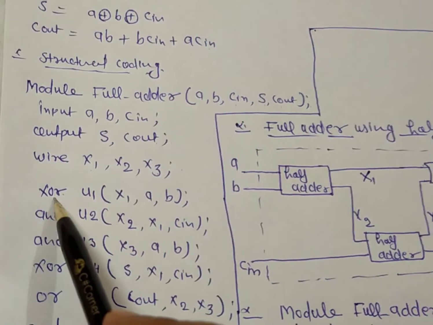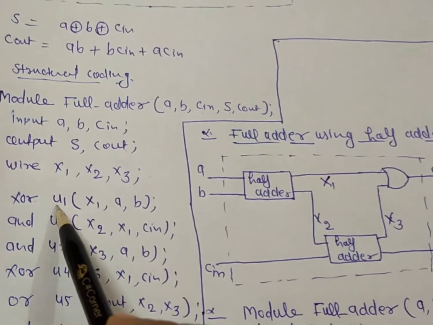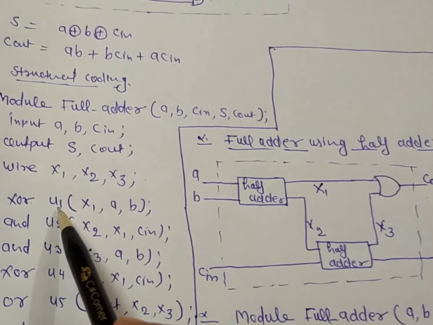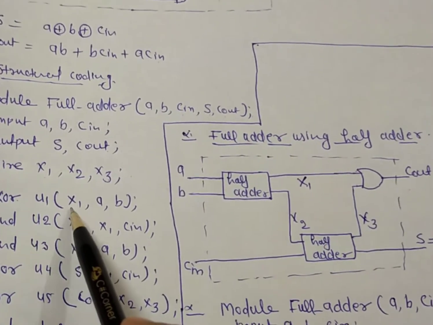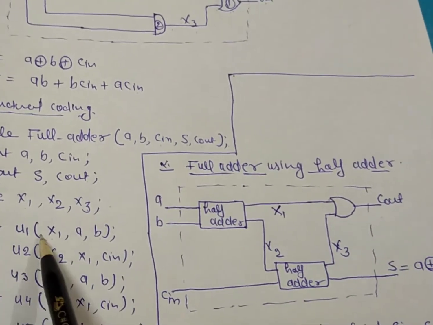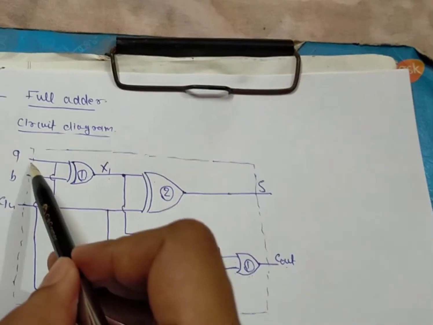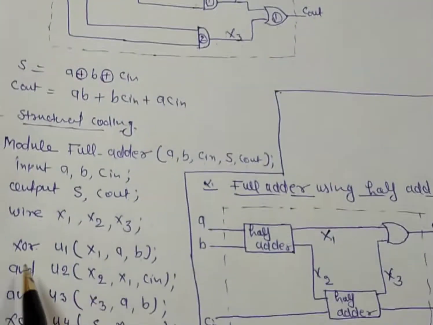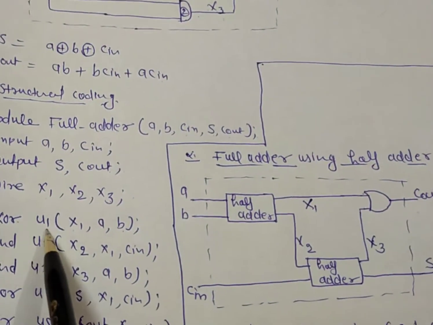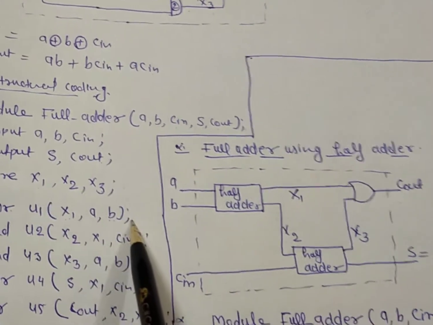First write the XOR gate and write any random word like U1, Z1, X1, whatever. Then bracket, write the output and then the input. In the first XOR gate the output is X1 and the input is A and B. So in this manner write XOR U1, X1 is the output, A and B are the input, then semicolon.